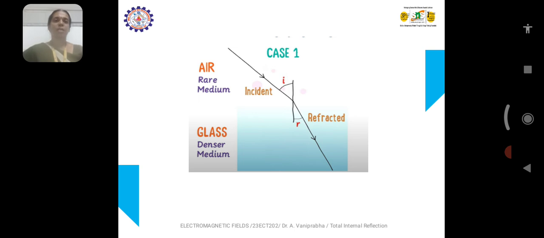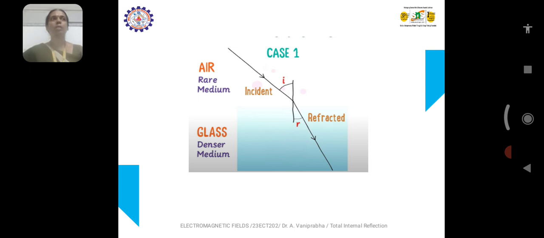Once the light ray is incident at the boundary of air and glass, it gets immediately refracted. That is, there will be a bending of the light ray. When we draw a normal line between the two media, we can easily identify the incident ray, represented as I, and the refracted ray, represented as R.